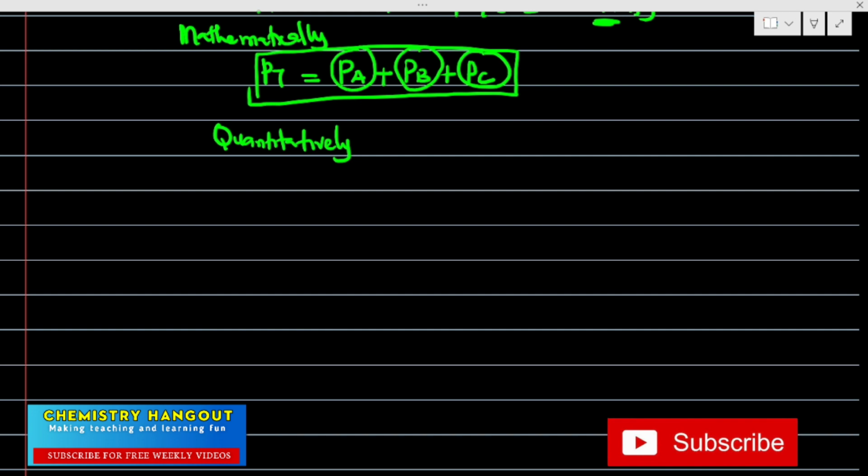So if we want to calculate the partial pressure, if there is a need for us to actually calculate it, it's going to be our mole fraction. We are going to take examples, so just calm down. A mole fraction of gas times the total pressure.